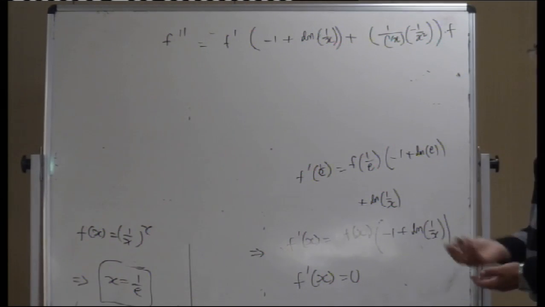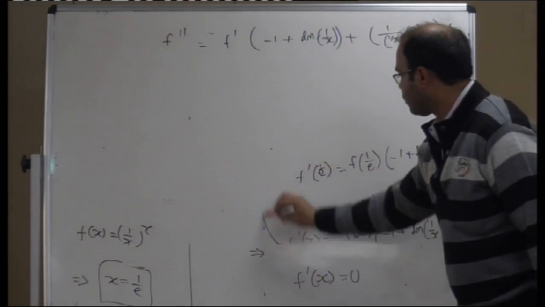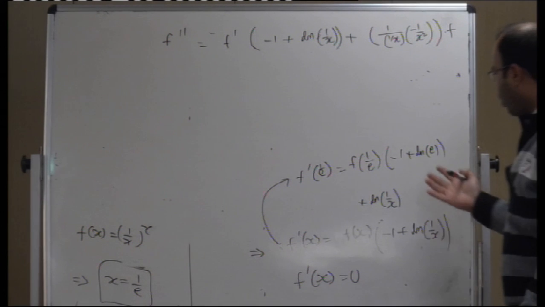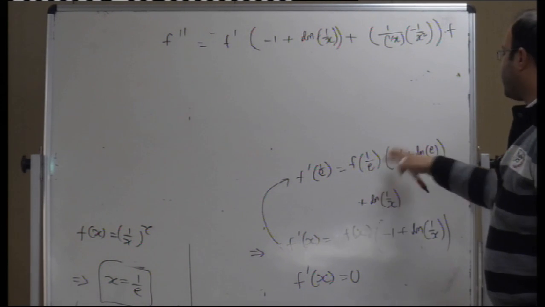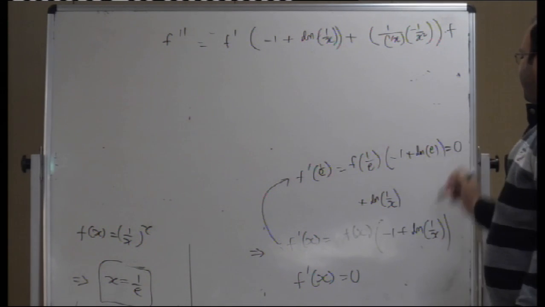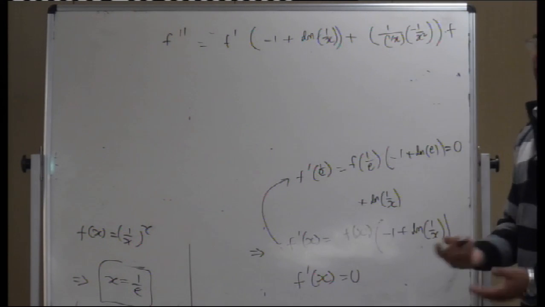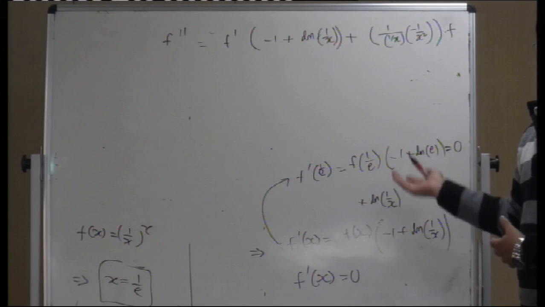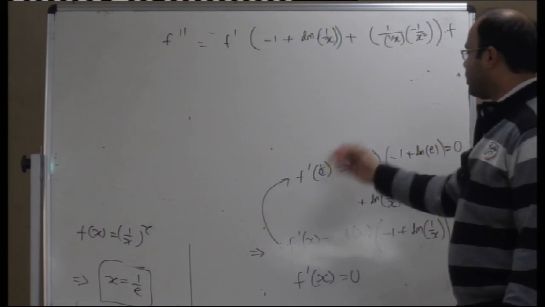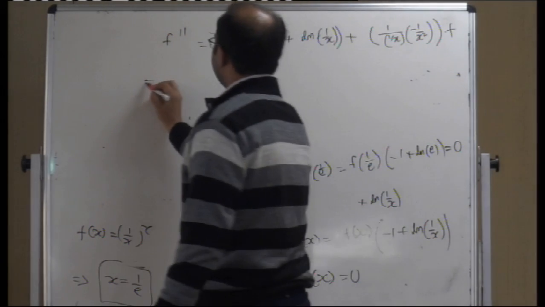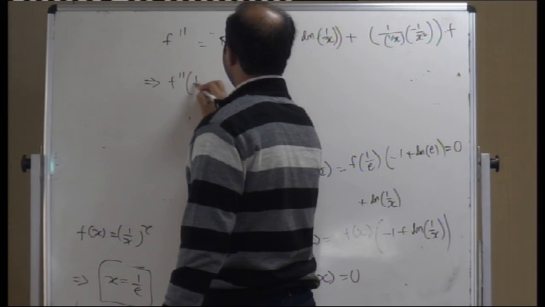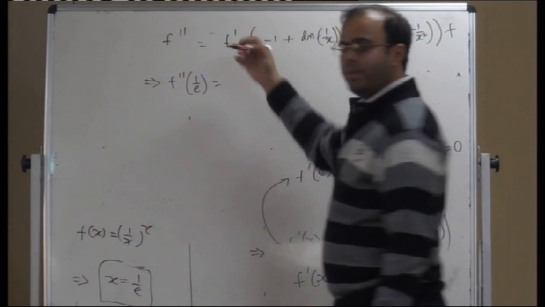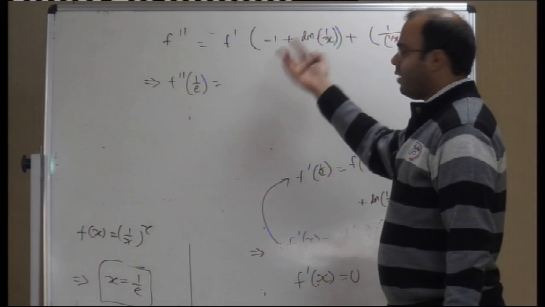Now log of e is 1, and 1 minus 1 will be 0. The single derivative at that particular point is 0, and that had to be 0 because we already got that point by equating the single derivative to 0. Now this implies f double dash at 1 by e, when we calculate, this part will be 0. This multiplied with this, everything will vanish.